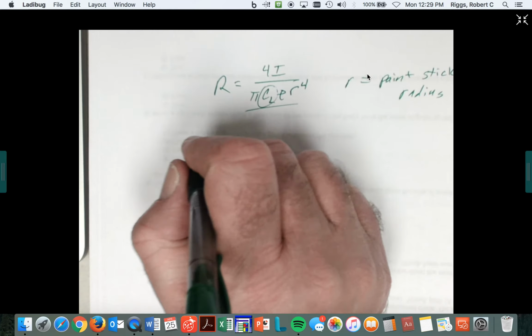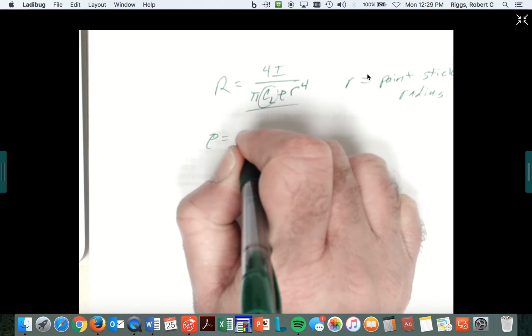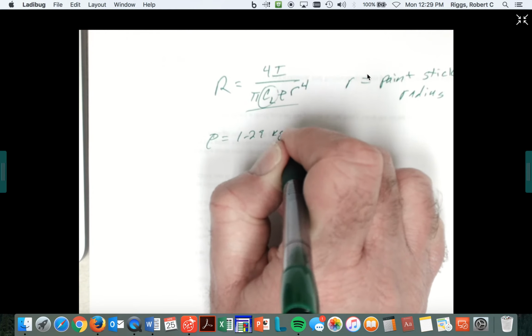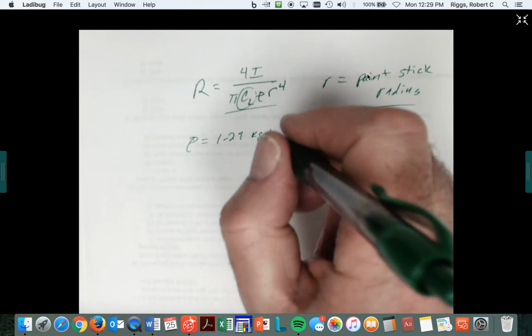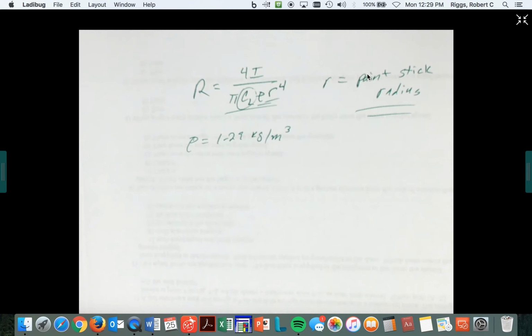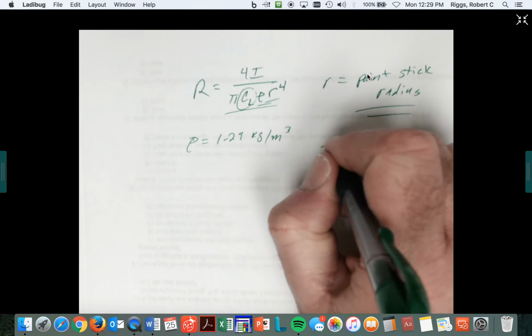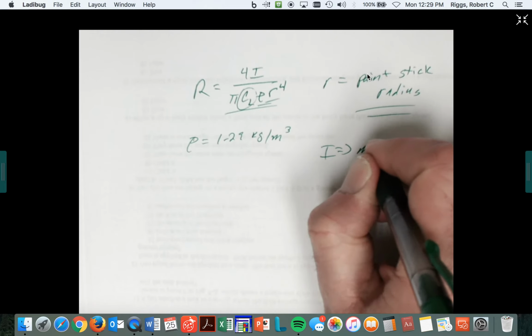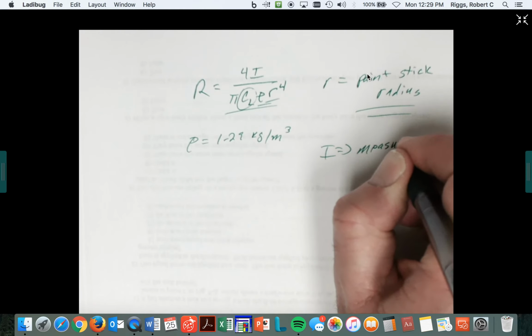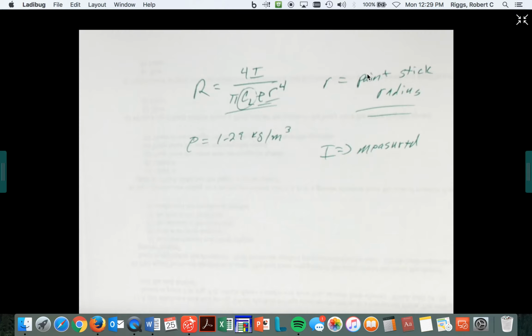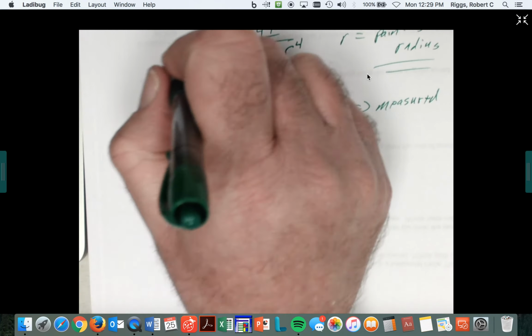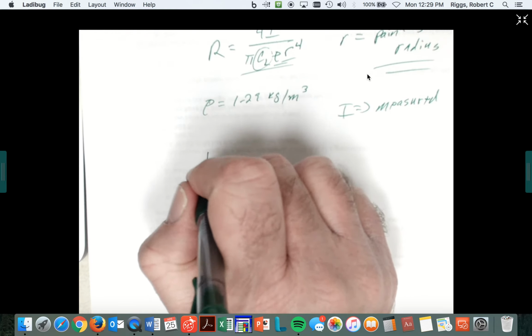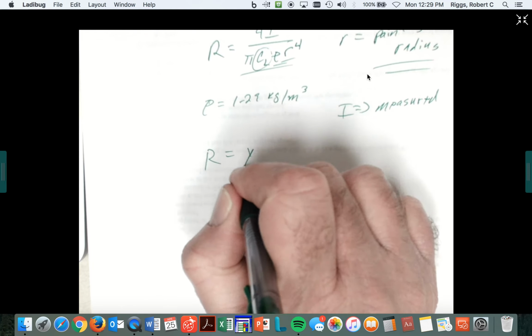It is okay. Just remember, rho, we're going to say, is 1.29 kilograms per meter cubed. And r is the radius of your paint stick that you got, this r. And I, you measured. And now we're going to find CL of your paint stick based on your R, which you measured.